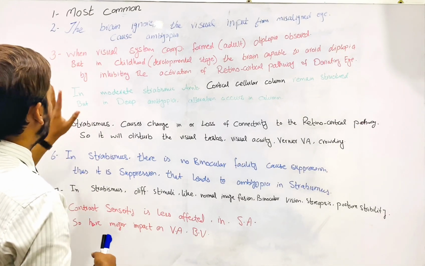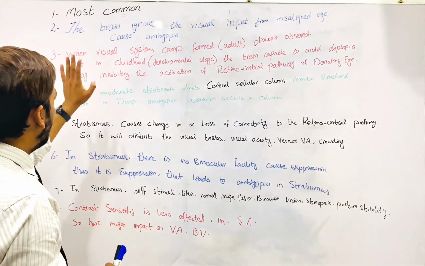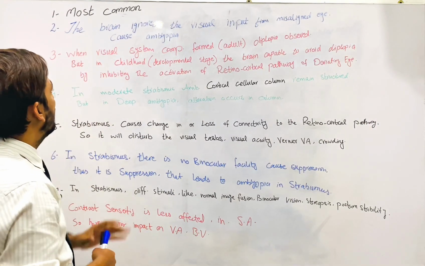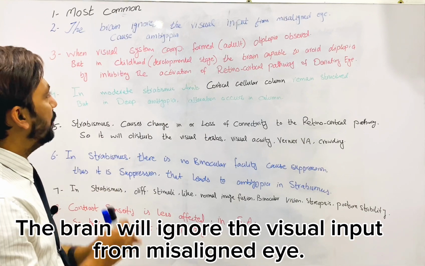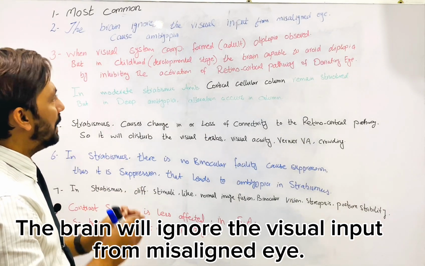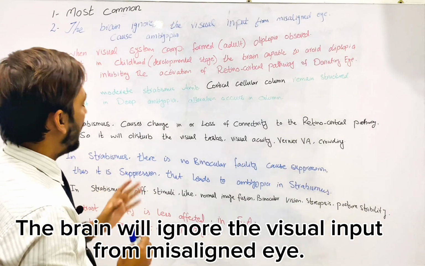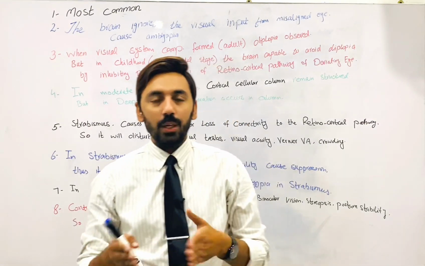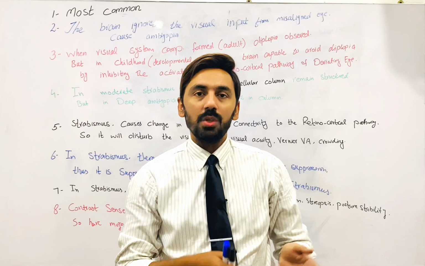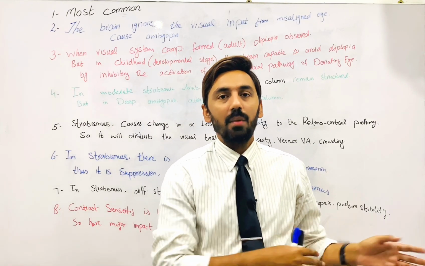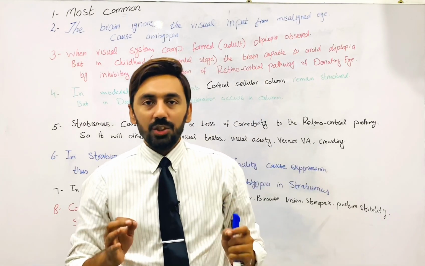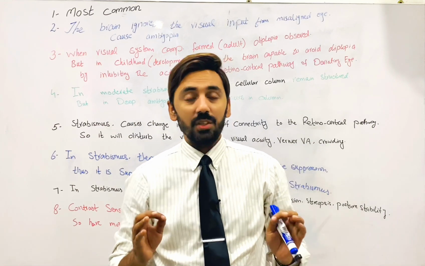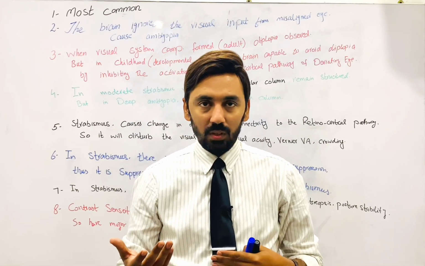And the second one, this is an important point. The second line says that the brain ignores the visual input from the misaligned eye. Remember that every relationship is a two-way relationship, right?